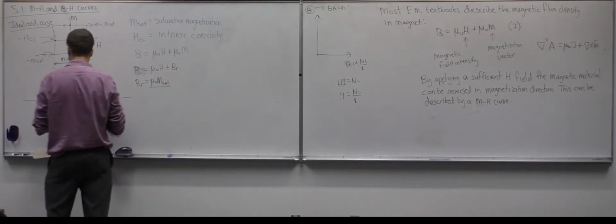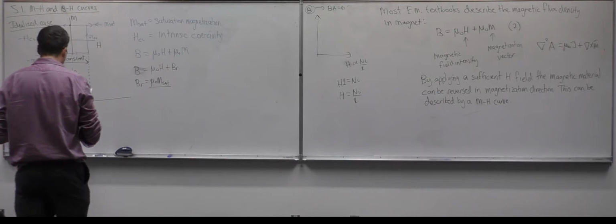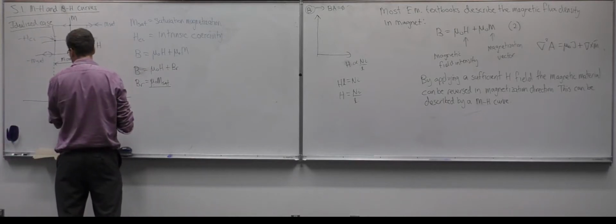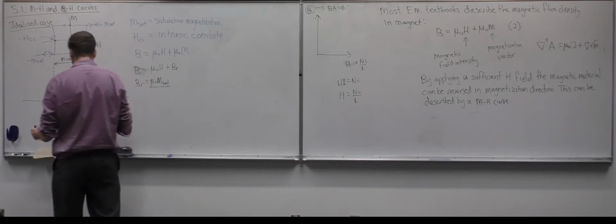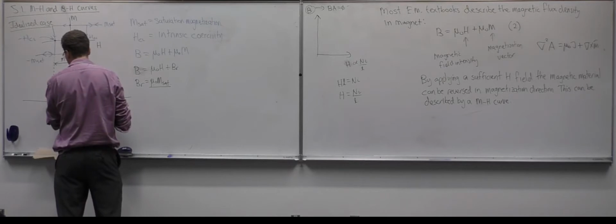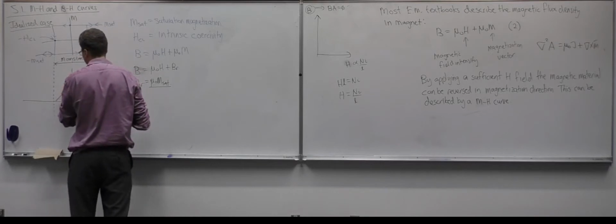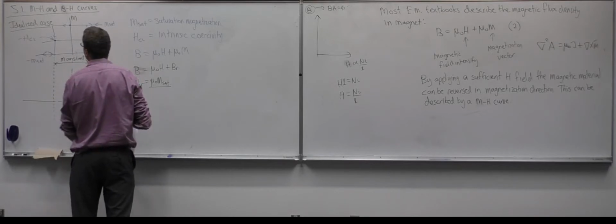And so actually I need to move this down here. And so now we apply an H. I'm going to move it down further, sorry. I should have made it bigger.